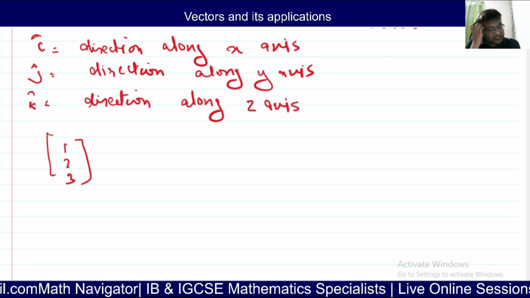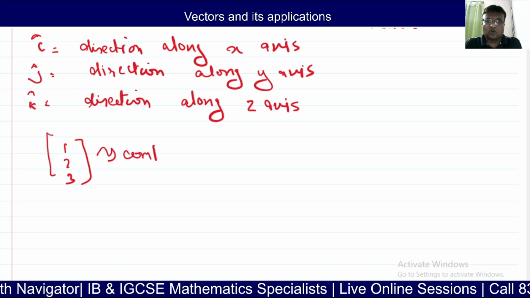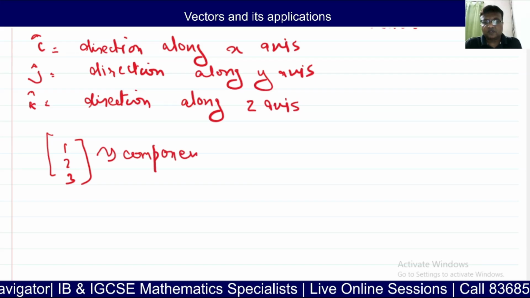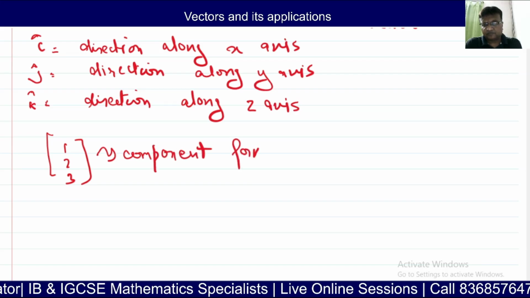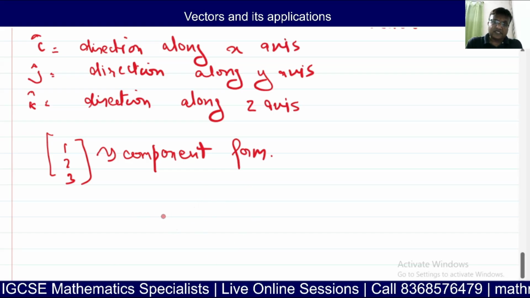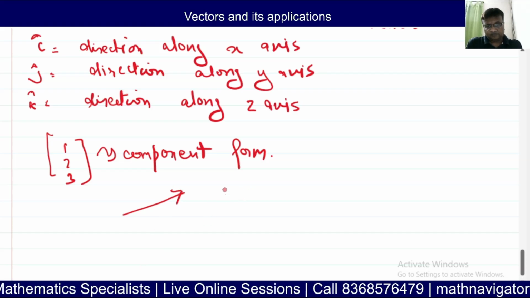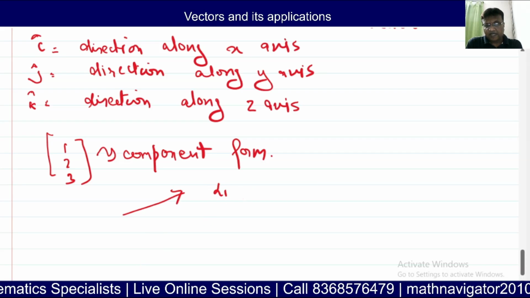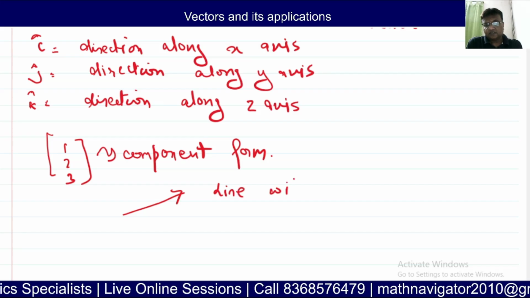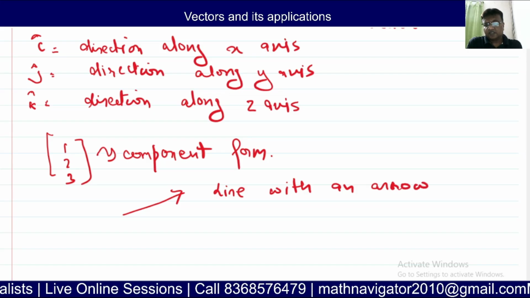This is called component form. That means I've resolved the vector into three components, x, y, and z. But how do I represent it graphically? A vector is represented by a line with an arrowhead, right?